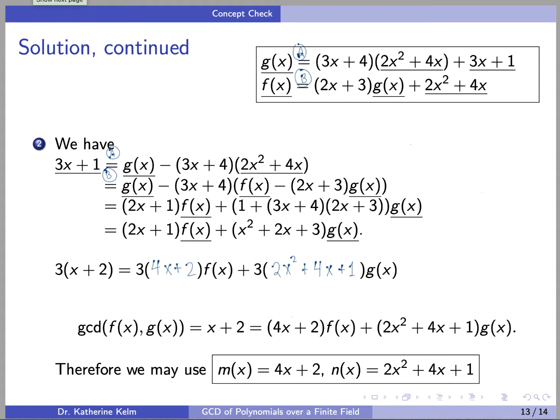And therefore, we may use m of x equals 4x plus 2 and n of x equals 2x squared plus 4x plus 1. The polynomials m of x and n of x are not unique, but the Euclidean algorithm gives us a way to obtain polynomials that do work.